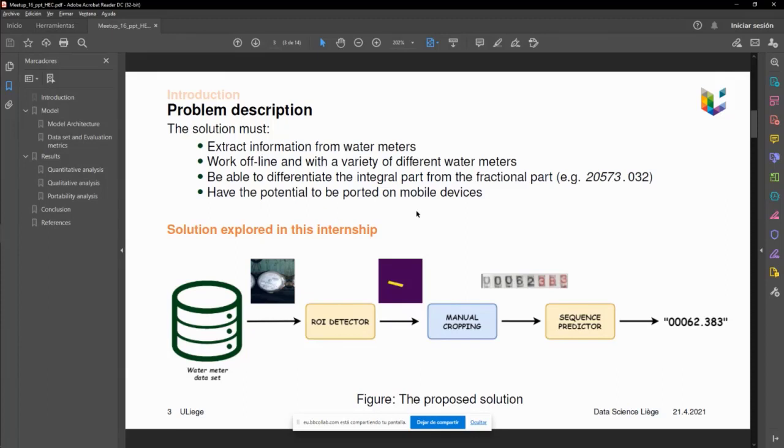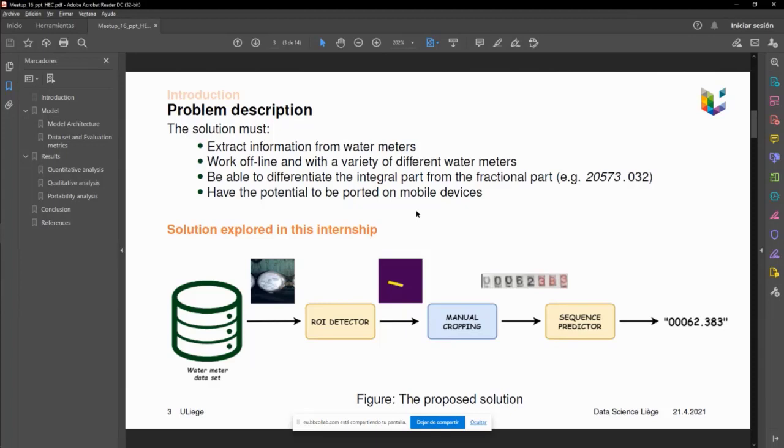After that step, we have a stage of manual cropping, which operates on a mask. A mask is simply an array or a vector of 0s or 1s, which have been obtained from the ROI detector. In cropping, we perform, for example, rotation to adjust the images properly.